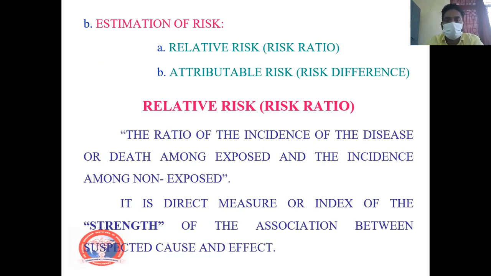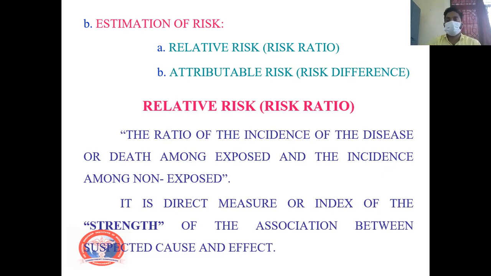An estimation of risk. There are two or three types of risk: relative risk, attributable risk, and population attributable risk. So what is relative risk? It is nothing but a risk ratio, the ratio of the incidence of disease or death among exposed and the incidence among non-exposed.